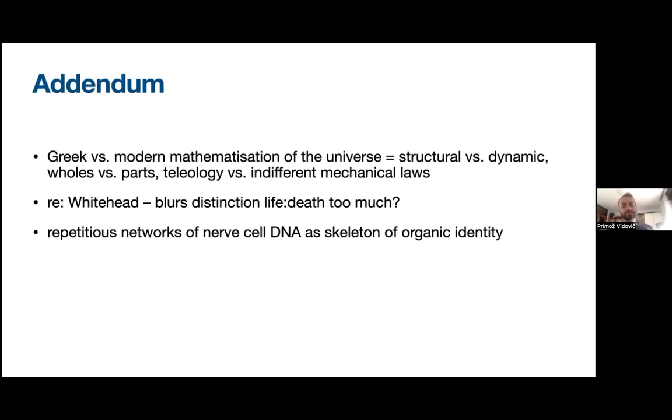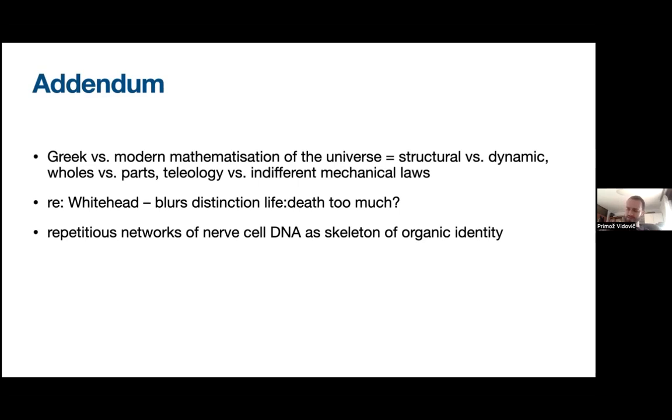However, Jonas thinks that the distinctions might have blurred too much at this point. For example, it's very difficult to understand the notion of death, which is crucial to the understanding of life, within this Whiteheadian framework of a universe which is endlessly self-realizing, endlessly self-creating.